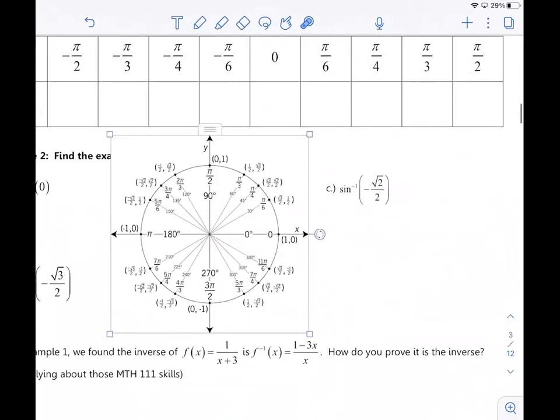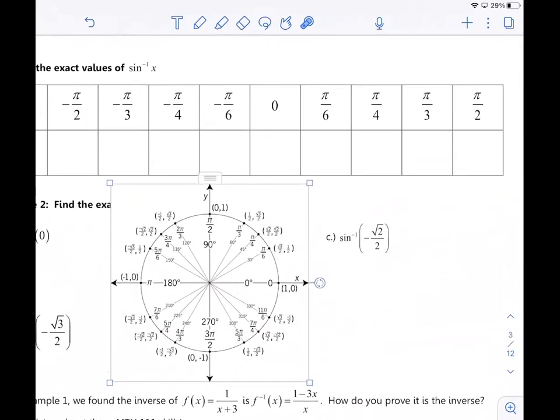All right. So looking at this, negative pi over 2 is right here. So my sine value is -1. So you could look at the graph too. Negative pi over 3 is here. My sine value is -√3 over 2.